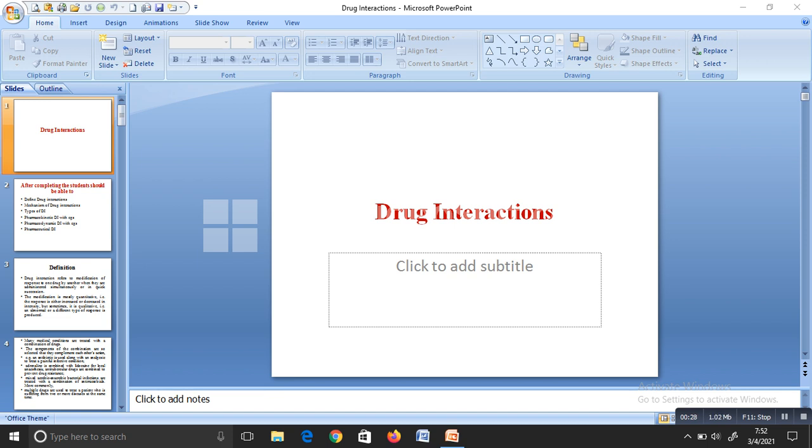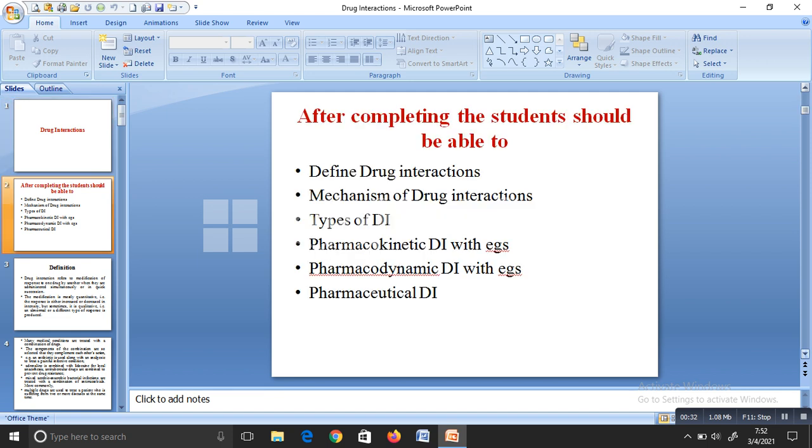After completing this topic, you should be able to define what is drug interaction, what are the various mechanisms of drug interaction, and the types of drug interactions. Also, you should be able to tell about pharmacokinetic drug interaction with example, pharmacodynamic drug interaction with example, and also pharmaceutical drug interaction.